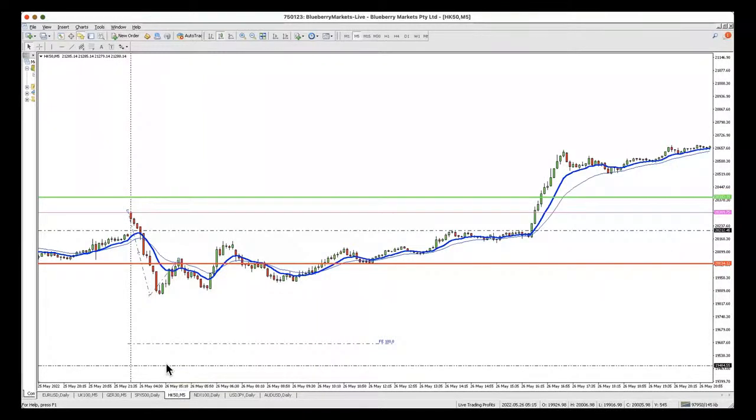So this level is a level that I marked off the monthly time frame. I looked at the all-time high and also the all-time low. Then the midpoint of that is a 50% midpoint of the all-time range. So that is a strong magnet. If the market is above it, there is a strong magnet that's going to try and pull the market down.